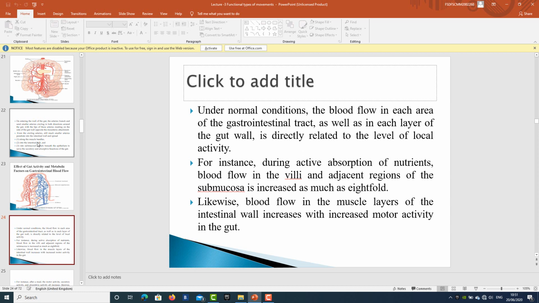Like during active absorption of nutrients, the blood flow in the villi and adjacent regions of the submucosa can increase up to 8 times.